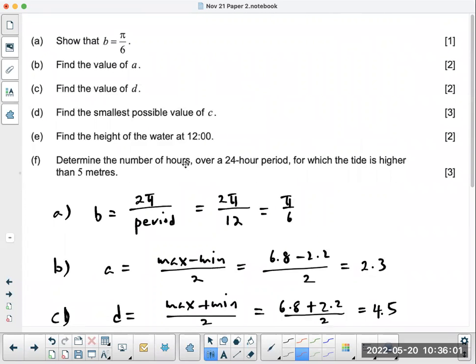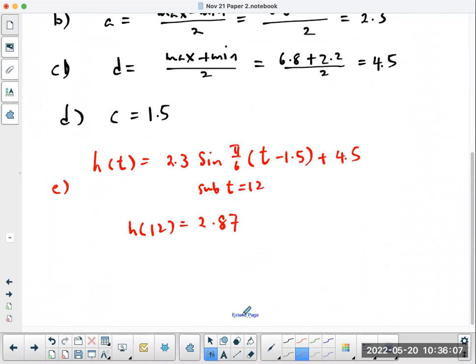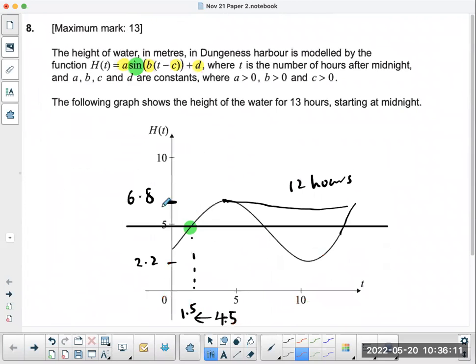All right, last part. Determine the number of hours over a 24-hour period for which the tide is higher than 5 meters. So higher than 5 meters, you have the 5 meters there, and you want to know in 24 hours. So you see the graph here is only up to 13. So you want to go all the way to 24 hours. And you're going to see where the graph is above the 5 meters mark.